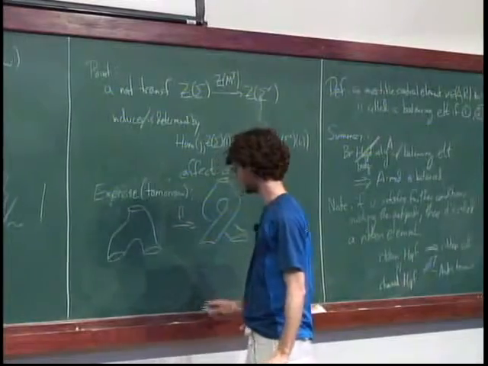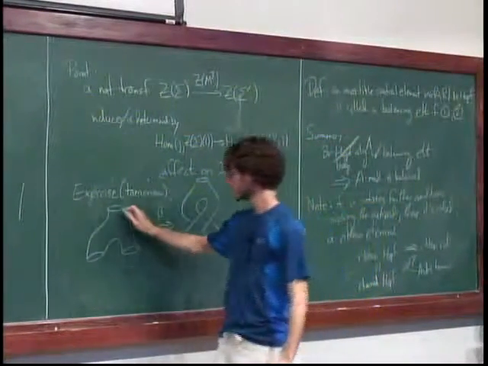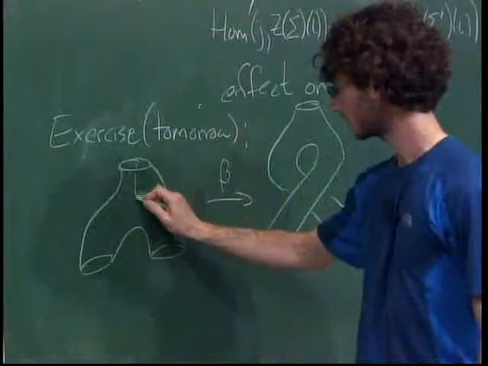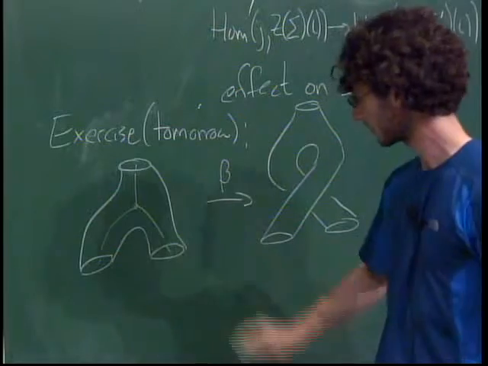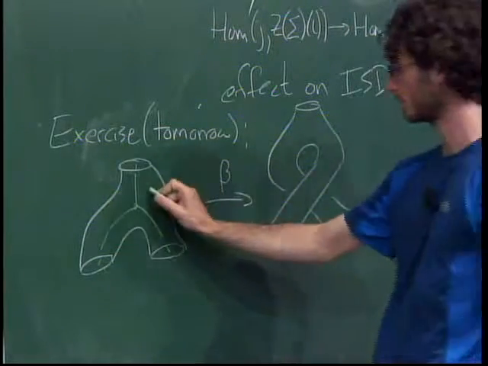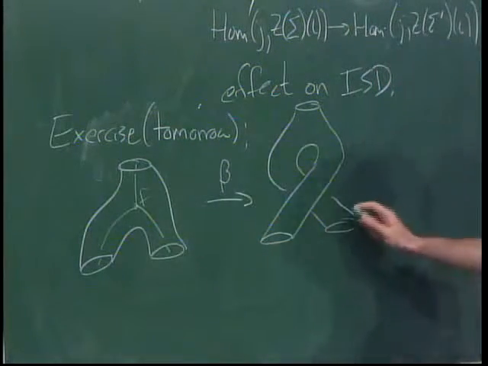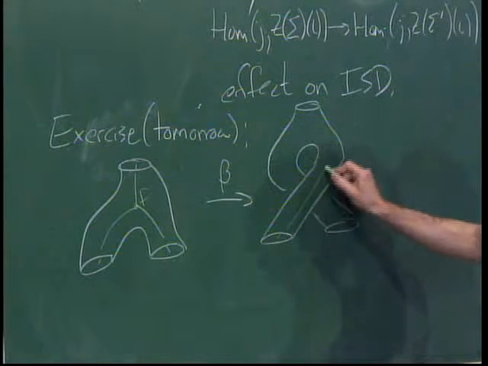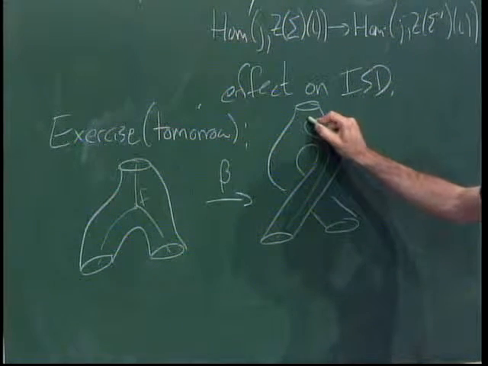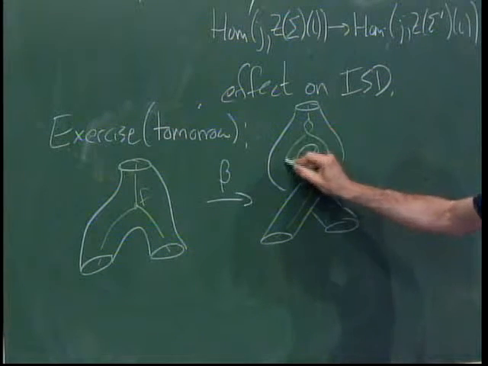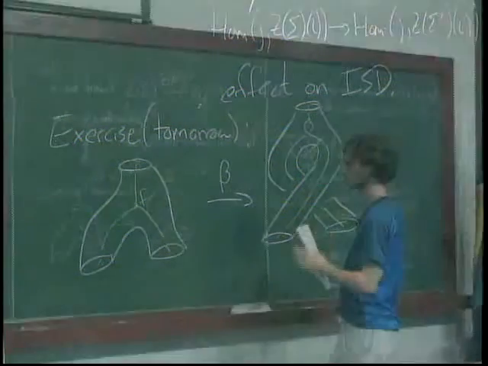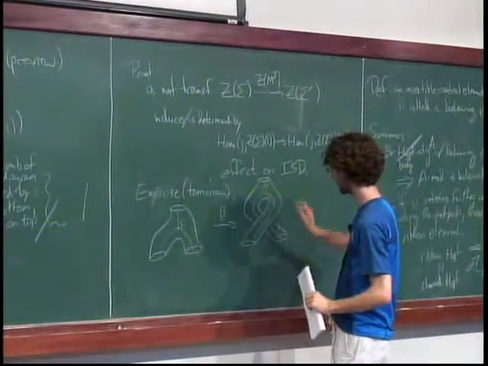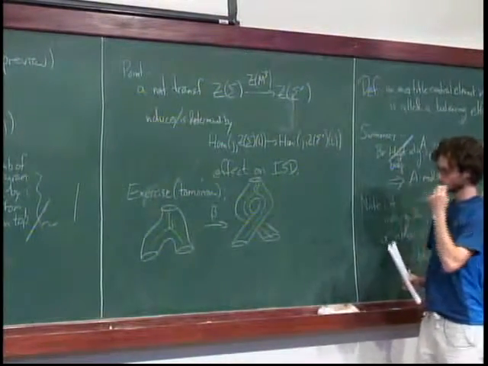So to specify this natural transformation, I need to tell you what it does on some string sitting in the middle of this surface with some label f, and that's going to go to this string here. Let me pause and say a little bit about what this means. Again, this is labeled by the same thing, f.